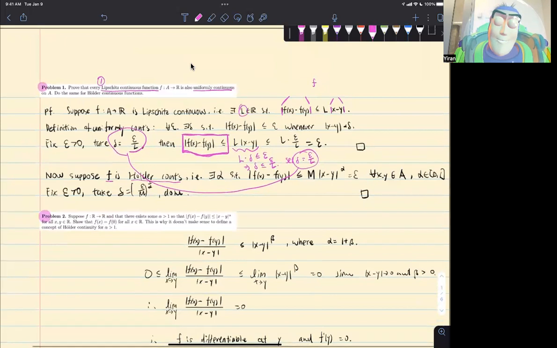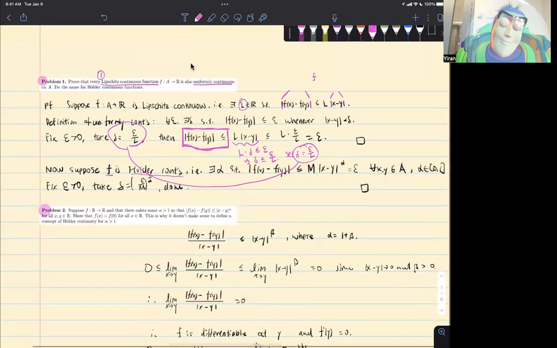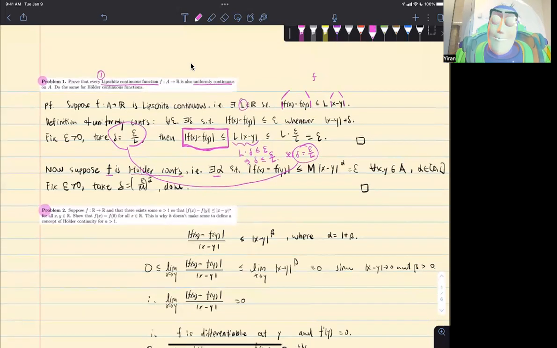So therefore, Holder's continuity definition: there exist alpha and M such that |f(x) - f(y)| is smaller than or equal to M, which you can call the first parameter of Holder continuity, times |x - y| to the power of alpha, and you can call this the second parameter of the Holder continuity.